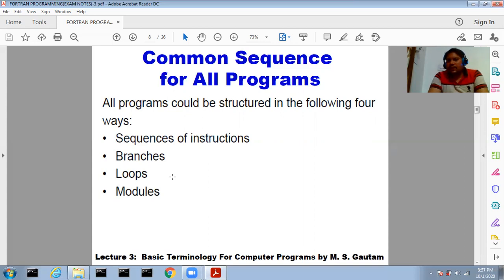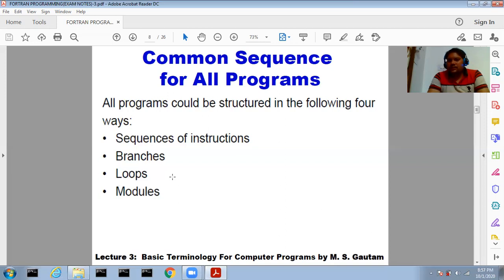So any type of program in Fortran language has four kinds of basic structure, and the program is divided into four parts, four ways that we can define the instructions or the programs.